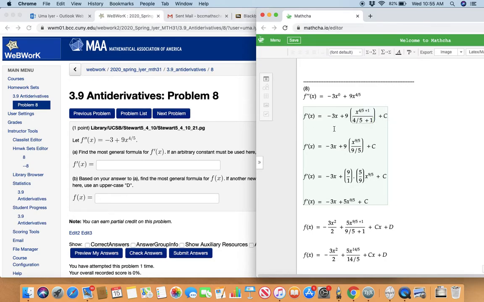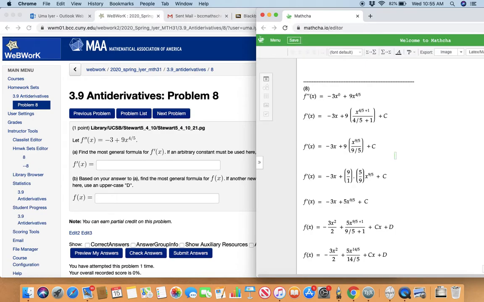Just simplify this. So this is negative 3x, this is 9, 4/5 plus 1. 1 is 5 over 5. So 4 over 5 plus 5 over 5. Okay, I hope it's clear. If it isn't, let me explain.